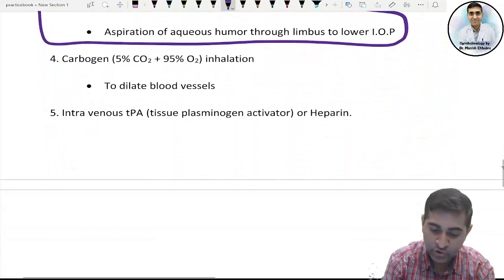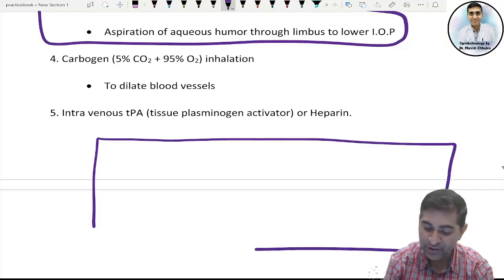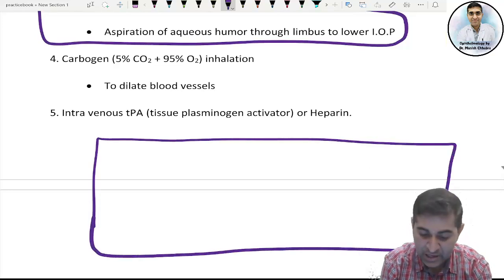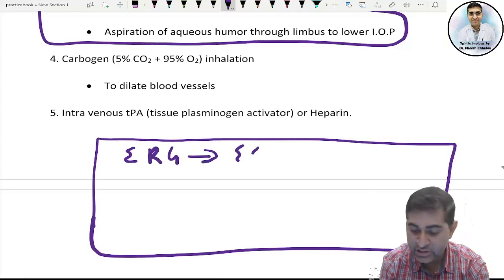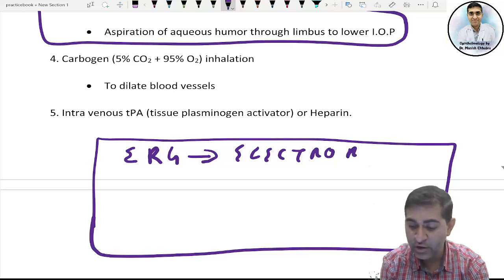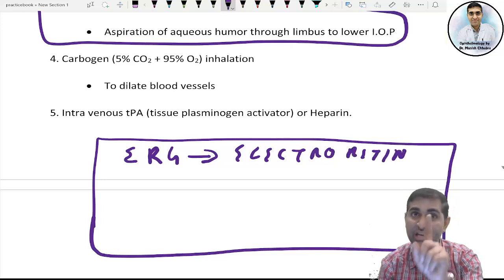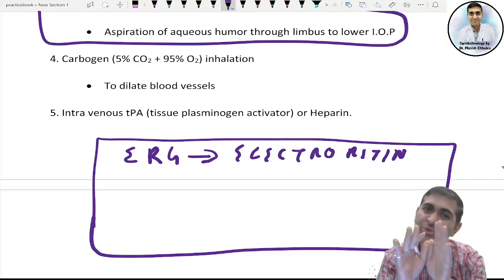And now I am going to give you 2 important points. One is, have you ever heard of something known as ERG? ERG is electroretinogram. This is one extra point. If you are aiming for INI-CT, for FMG you don't need to go through it.